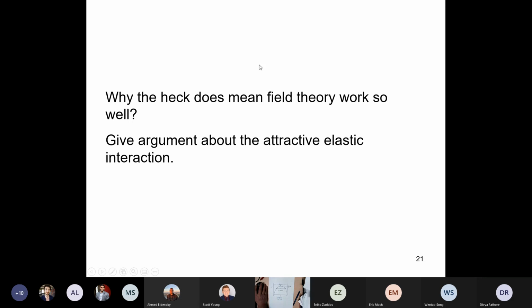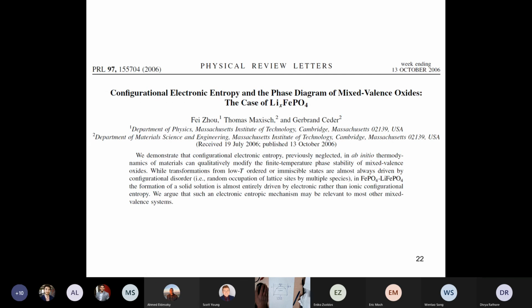Okay, so why does the mean field theory work so well? We talked about the attractive elastic interaction. Why does this matter? The same type of thing happens in lithium iron phosphate.